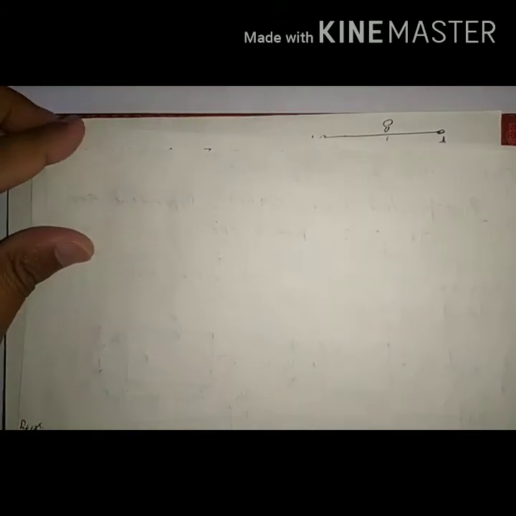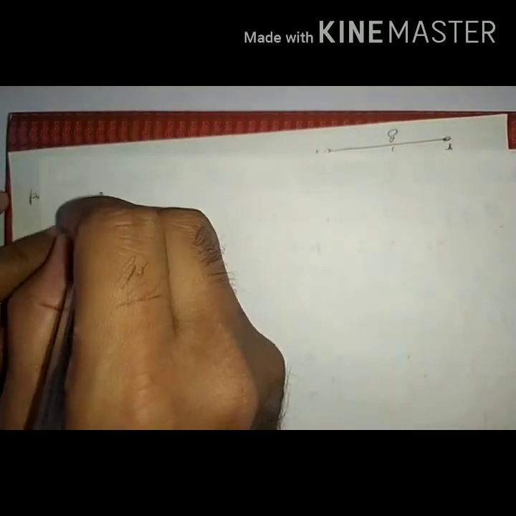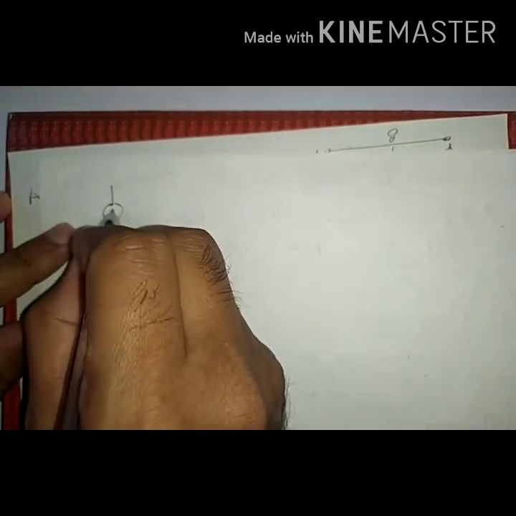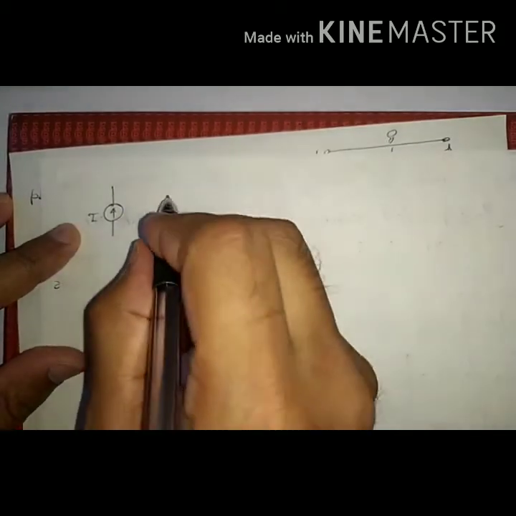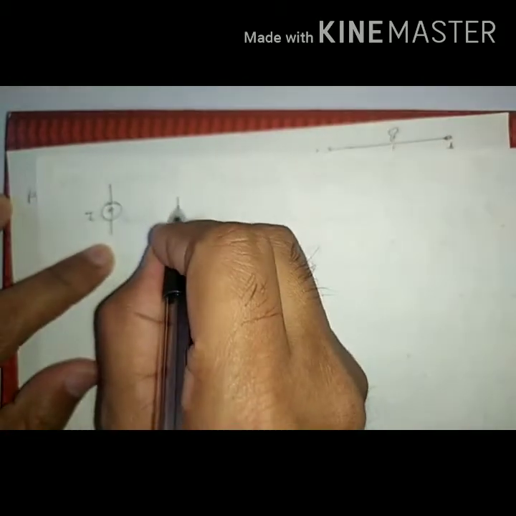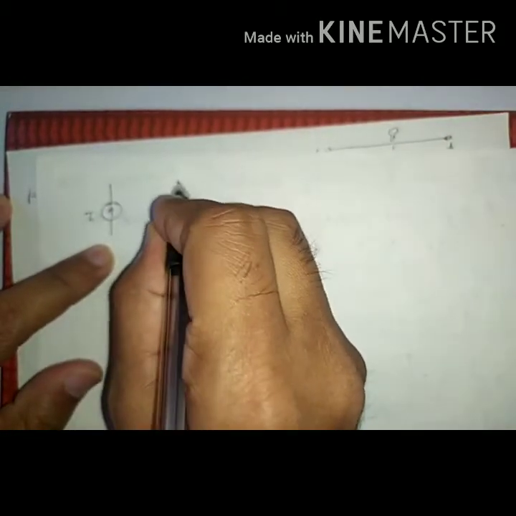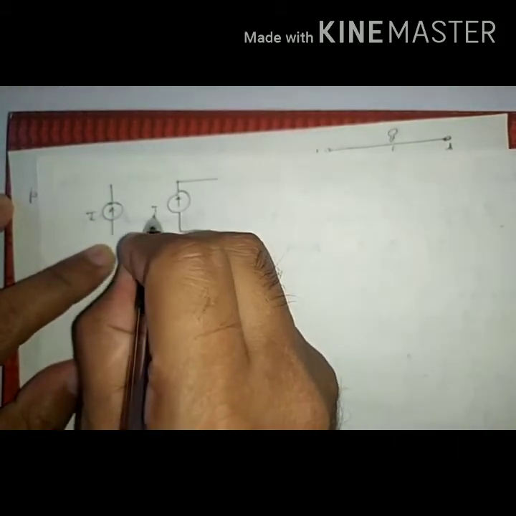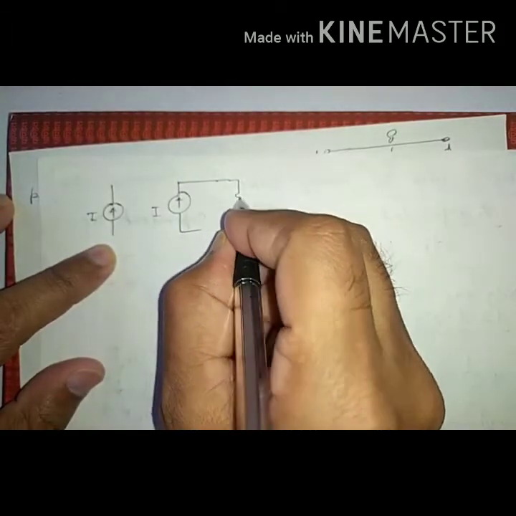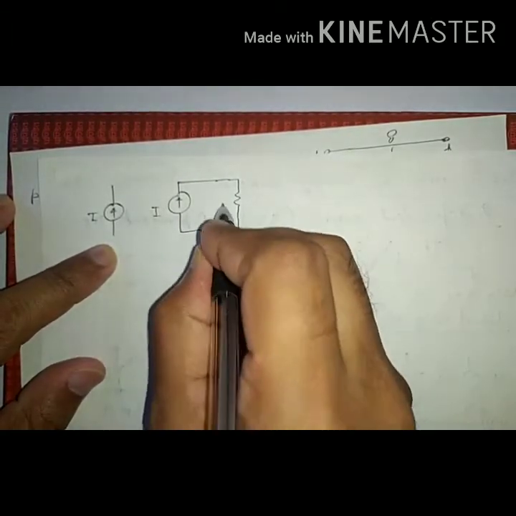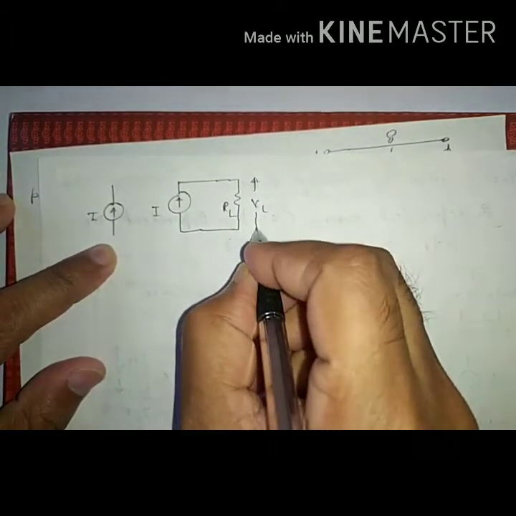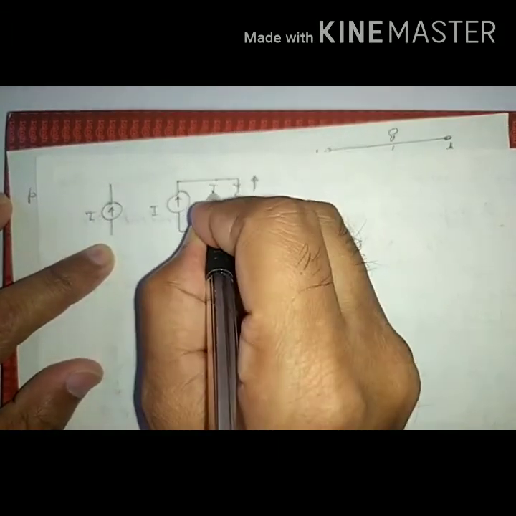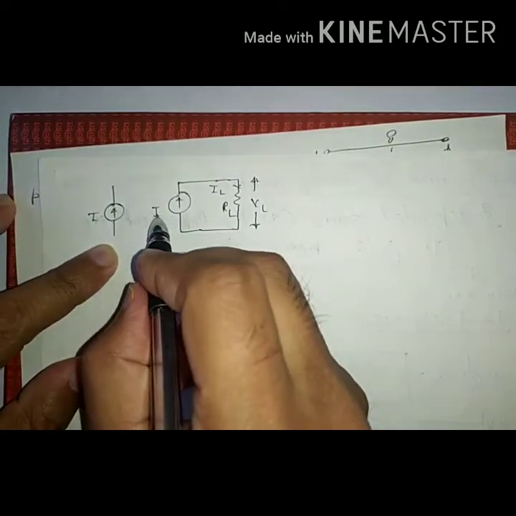Similarly, we have the ideal current source, which is denoted by this symbol. Say this is a current source having current I, and we have a load with resistance RL, voltage across the load VL, and current in the load IL.